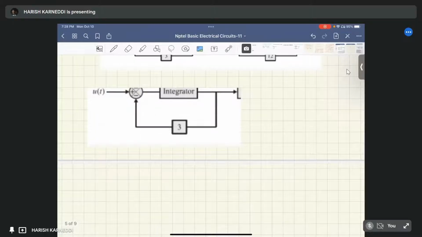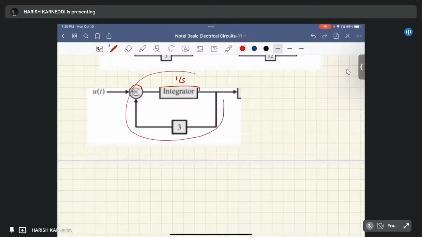It means the integrator is 1 by s. So what is the closed loop transfer function of this? It is a negative feedback system, so it is simply G by 1 plus GH, right? But in place of G, we have 1 by s.